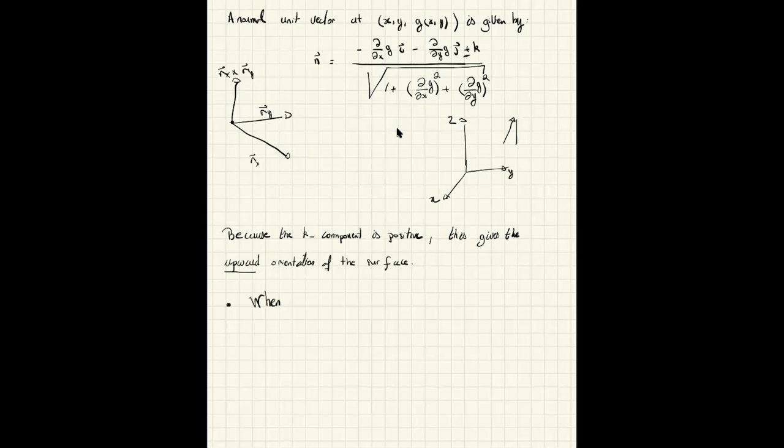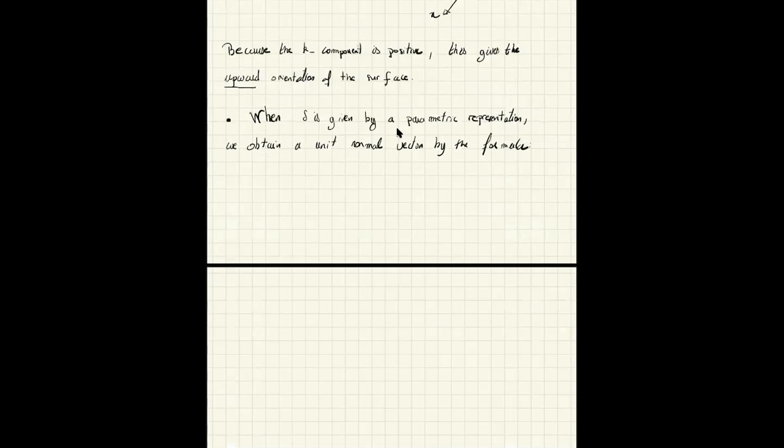When S is given by a parametric representation, we obtain a unit normal vector by the formula, which is basically the same one I used for the graph, but for the graph of a function we have an explicit formula.